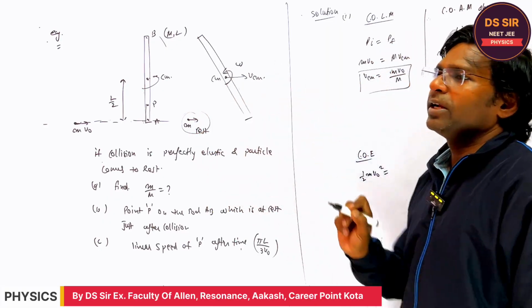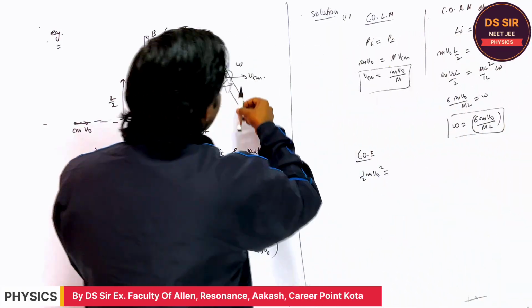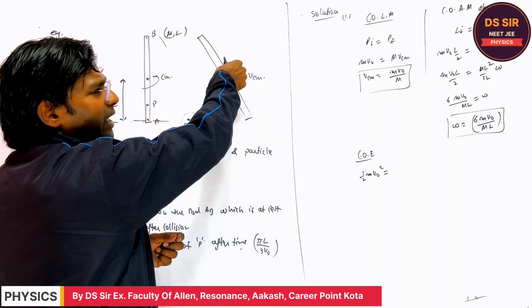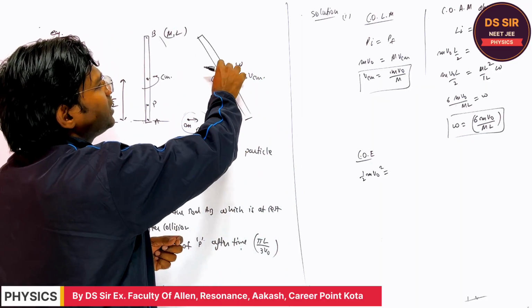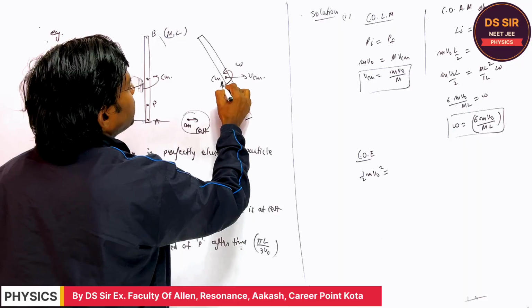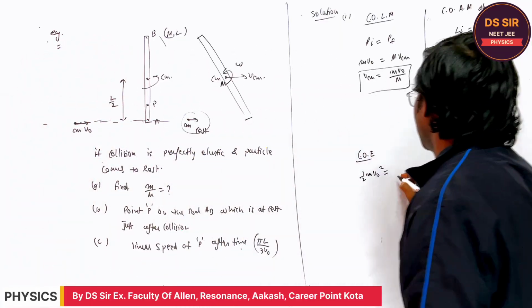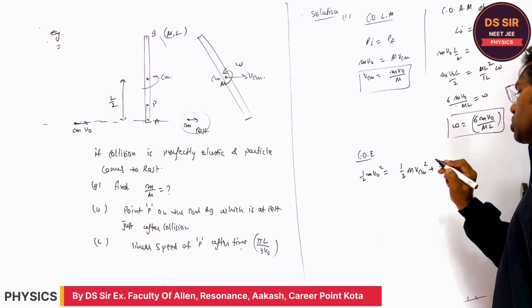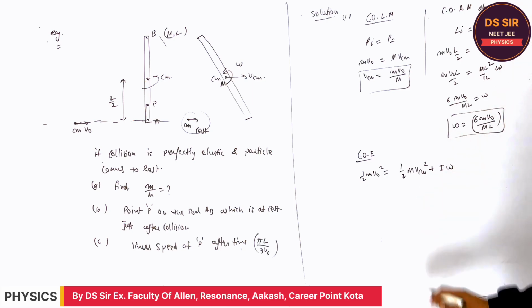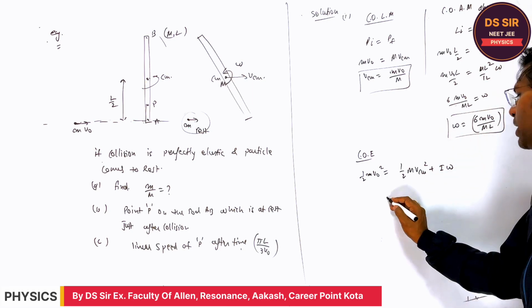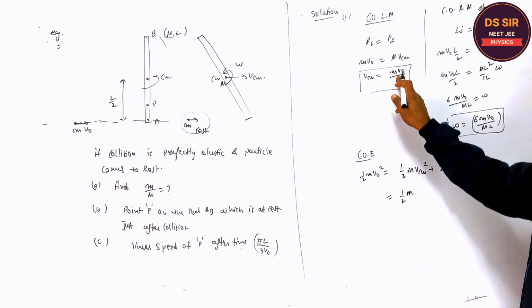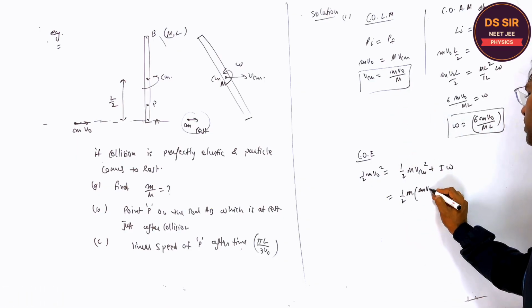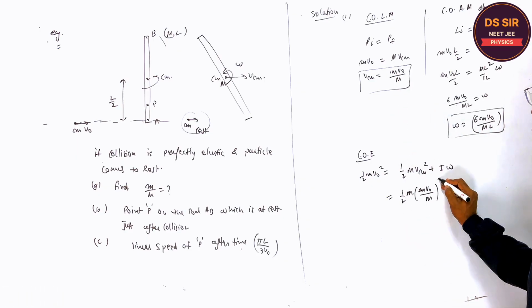The rod is doing translation, VCM is also there, and the angular velocity is there. So its energy is half capital M VCM square plus the rotational energy. Half capital M times VCM, where VCM is small m v naught upon capital M, whole square.